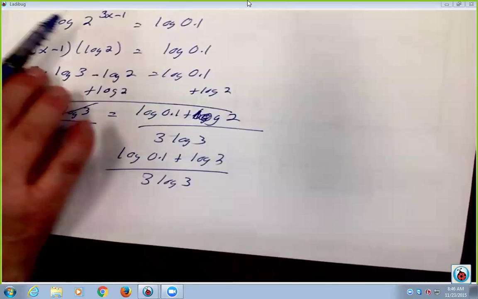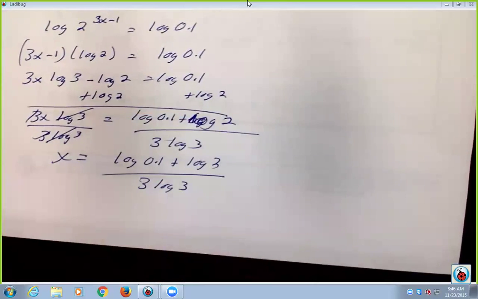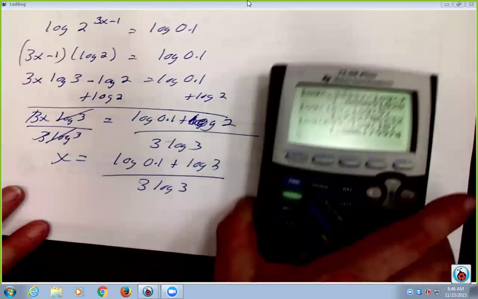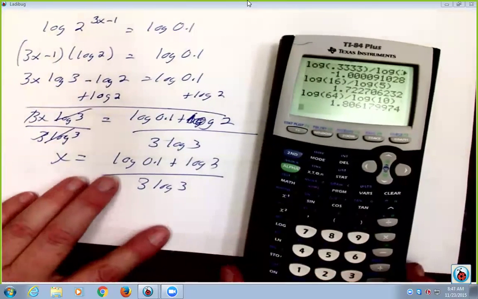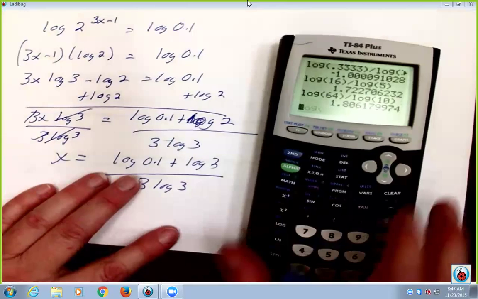So you want to be careful and make sure that when you have a larger exponent than just a single value in there, that you distribute before you work your way through it. So, oops, I gotta put that in parentheses.